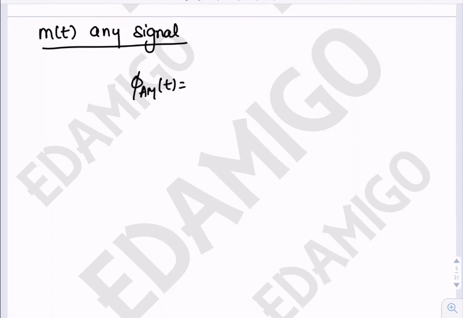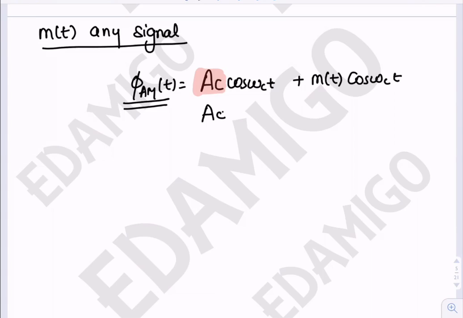The AM signal will be AC cos omega ct plus mt cos omega ct. The only requirement is that AC should be greater than the maximum magnitude of mt. That is the requirement of the AM signal.